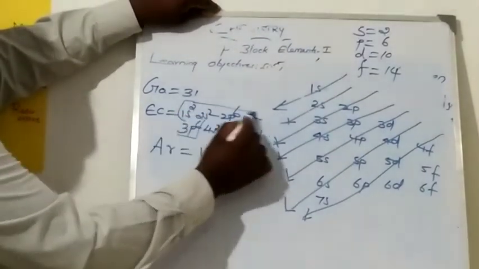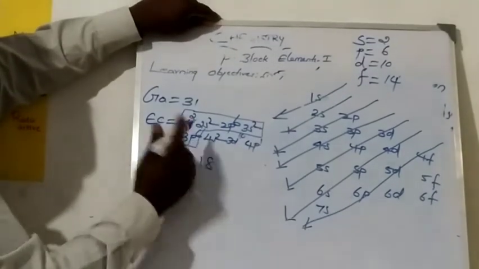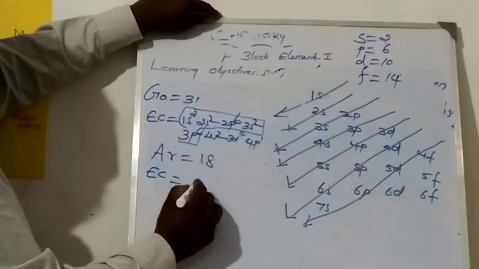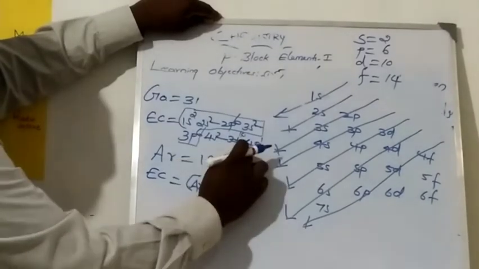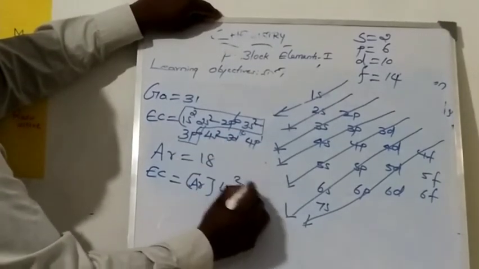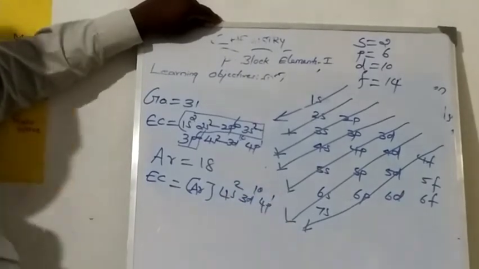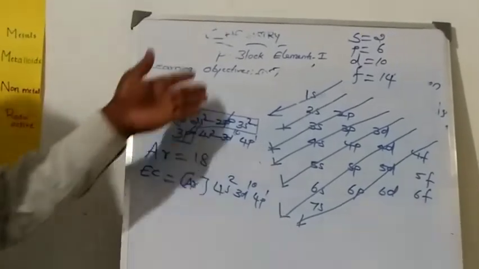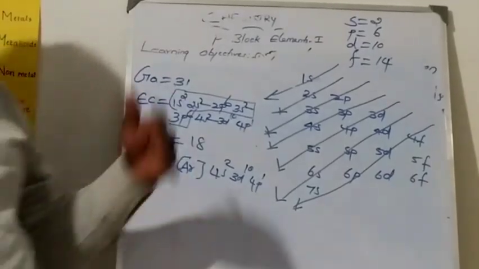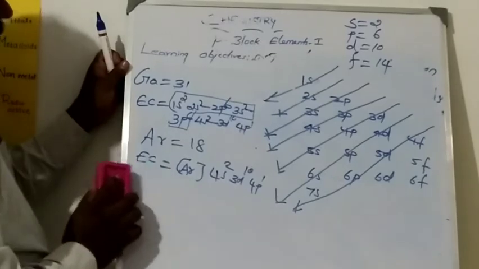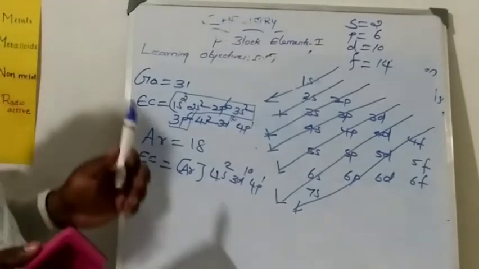This much is the argon electronic configuration, so you write the remaining. So EC is argon, and the remaining is 4s2, 3d10, 4p1. This is the short way. If you have any doubt, we can discuss it later. Okay?